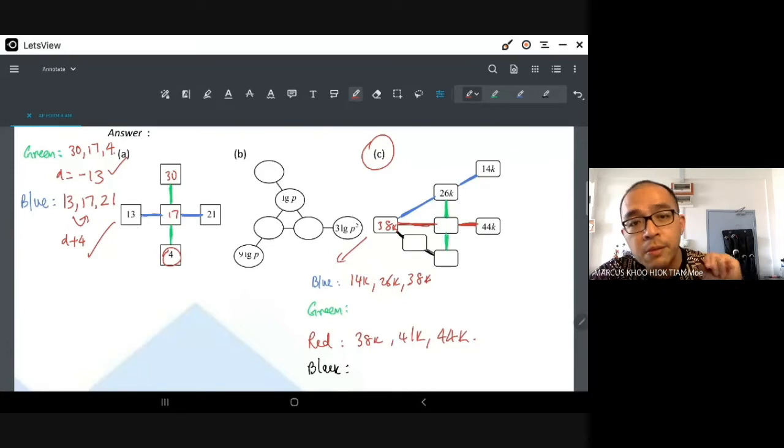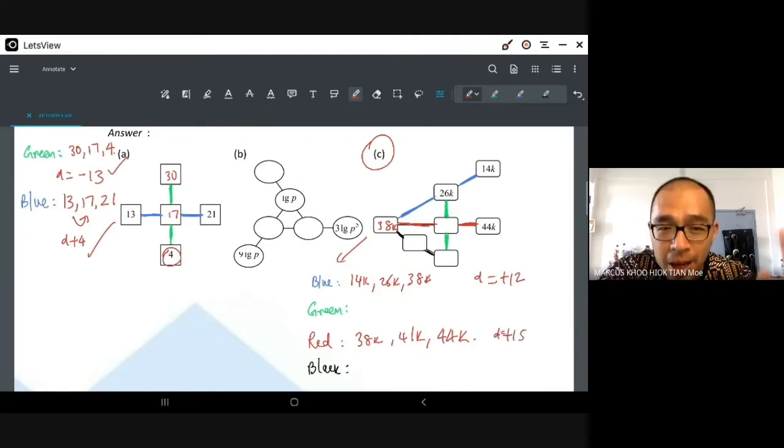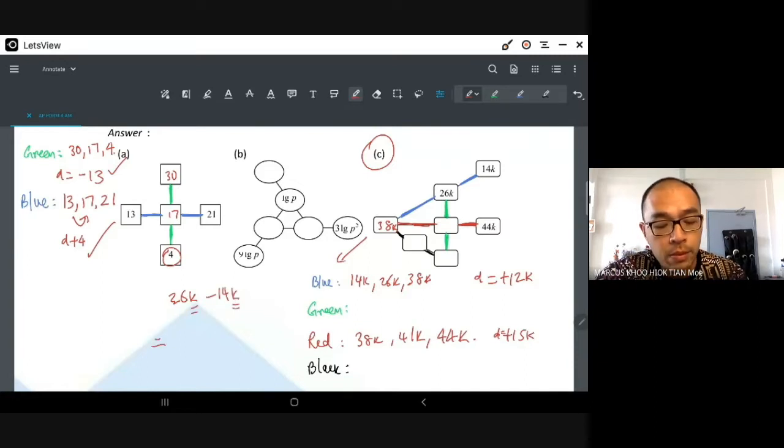The D is 15, also wrong. Something is wrong here, guys. You are giving me something missing. Okay, the D is plus 12K and plus 15K, because if we calculate 26K minus 14K, the K doesn't disappear. So it will be 12K. How about green and black?